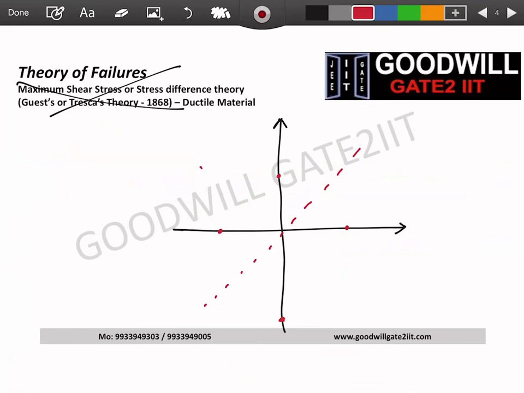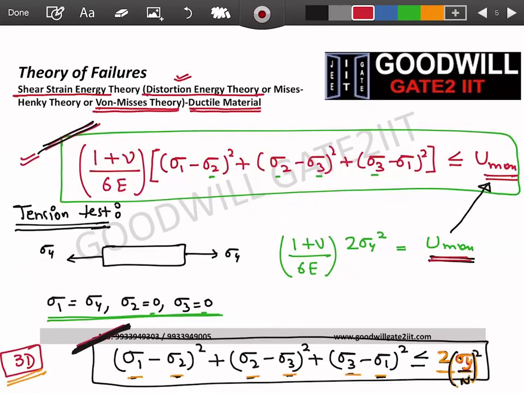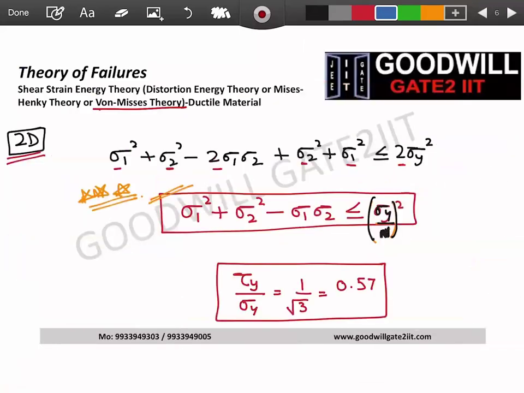Now, please listen to this. I have explained this concept before, but let me explain it again. If you see this theory, it has squares in it. See, sigma y square. Here, stresses are also in square. If you see in 2D, you can clearly observe stresses are in square. It's an energy-based theory. Energy is stress square. Strain energy was M square divided by 2EI. Correct, right?